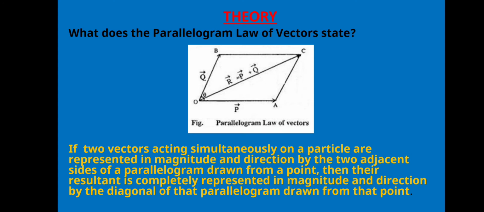If 2 vectors acting simultaneously on a particle are represented in magnitude and direction by the 2 adjacent sides of a parallelogram drawn from a point, then their resultant is completely represented in magnitude and direction by the diagonal of the parallelogram drawn from that point. In theory, you have studied this. I hope you don't have any doubt in the theory portion.